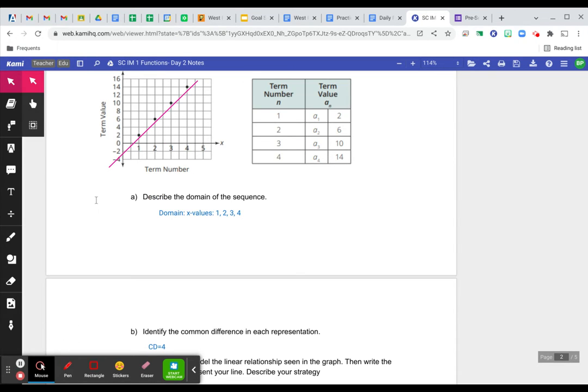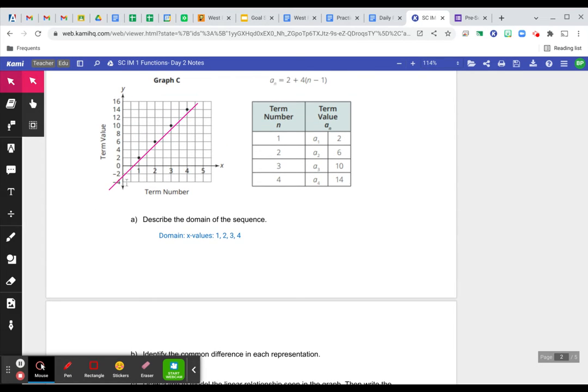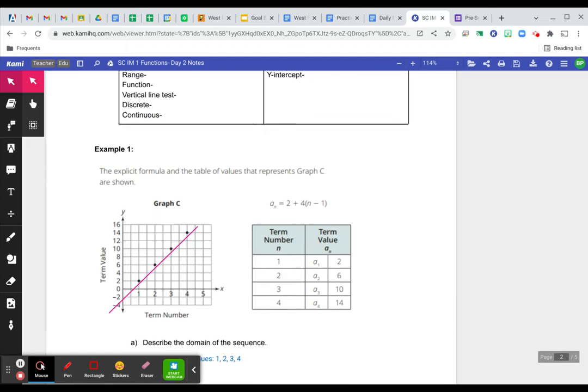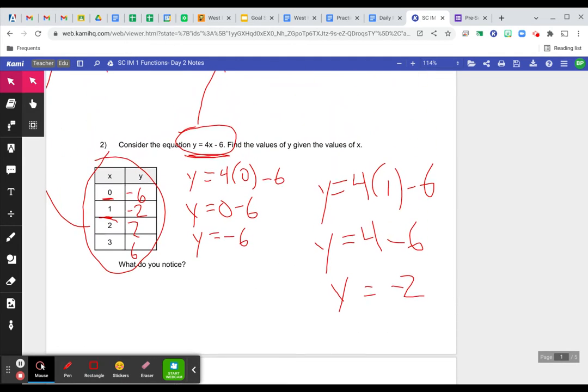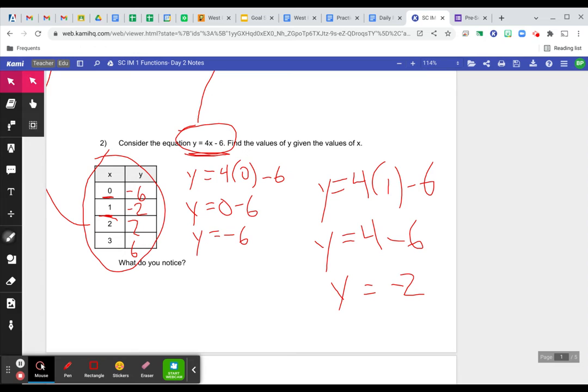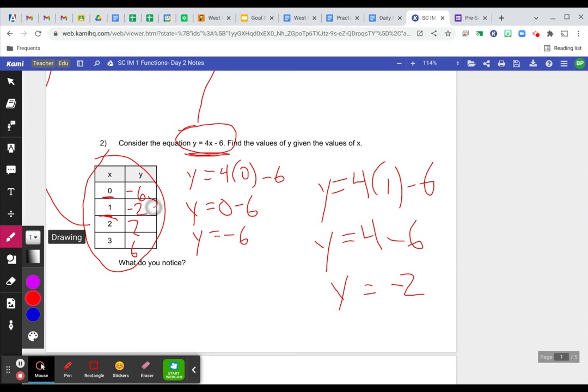So if we want to come up with an equation for this line, I want you to consider, when we're making connections here between arithmetic and slope-intercept, what we see here is we have this common difference occurring, okay, where we're adding 4.